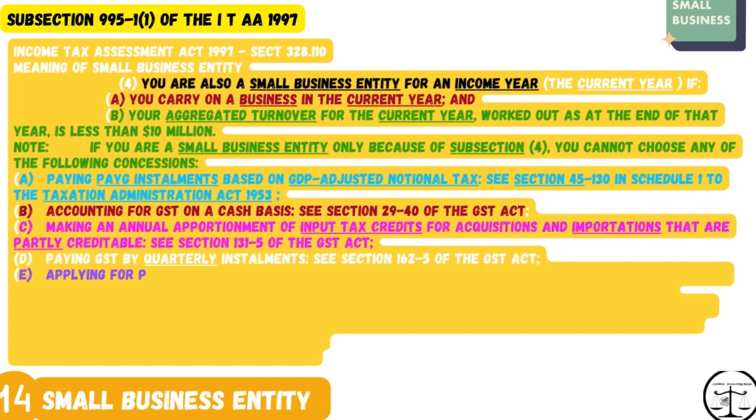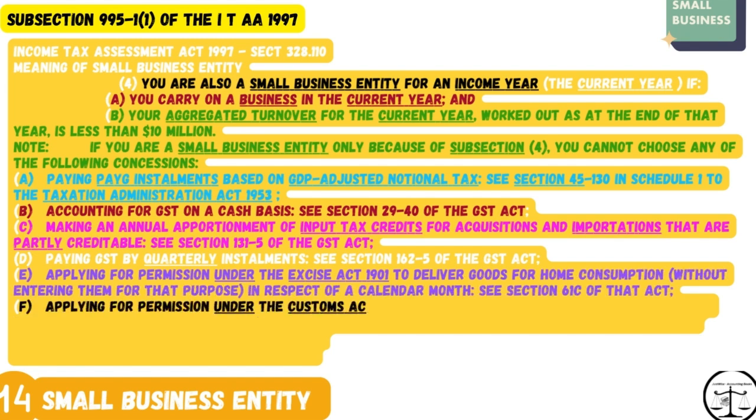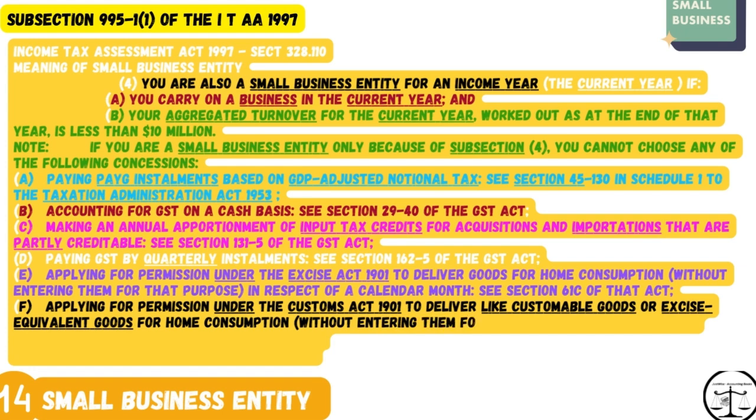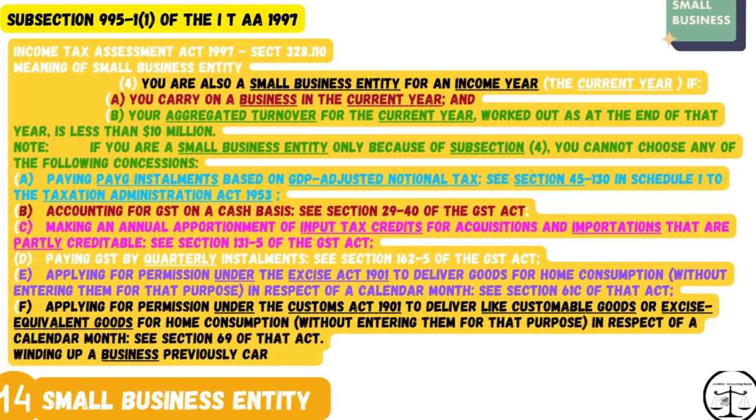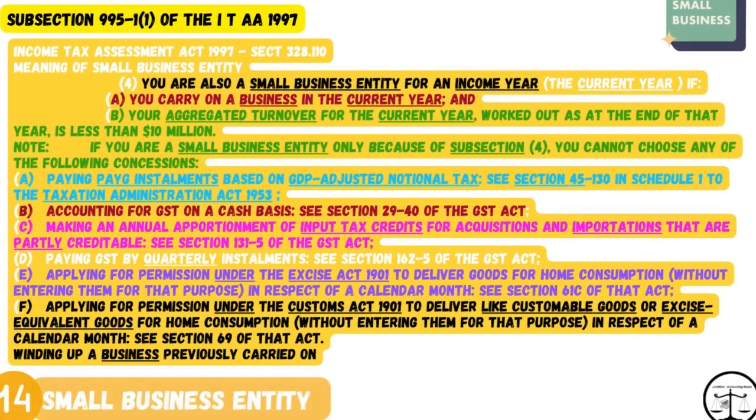Note, if you are a small business entity only because of subsection 4, you cannot choose any of the following concessions. A. Paying PAYG installments based on GDP-adjusted notional tax. See Section 45-130 in Schedule 1 to the Taxation Administration Act 1953.